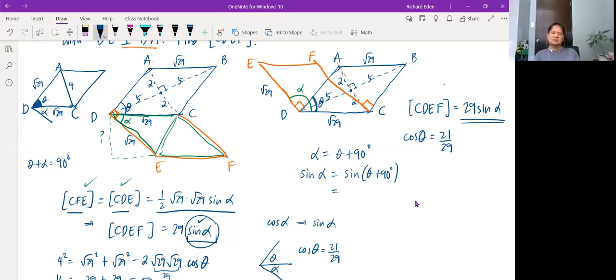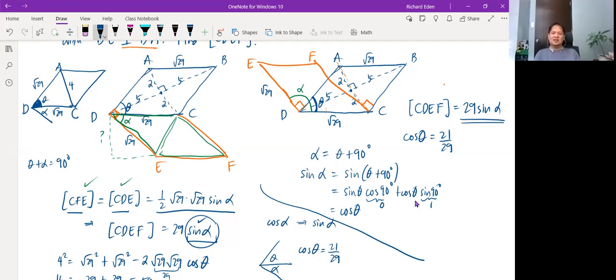Let's just expand: sine theta cosine 90 degrees plus cosine theta sine 90 degrees. This is 1 and this is 0. So sine alpha indeed equals cosine theta.